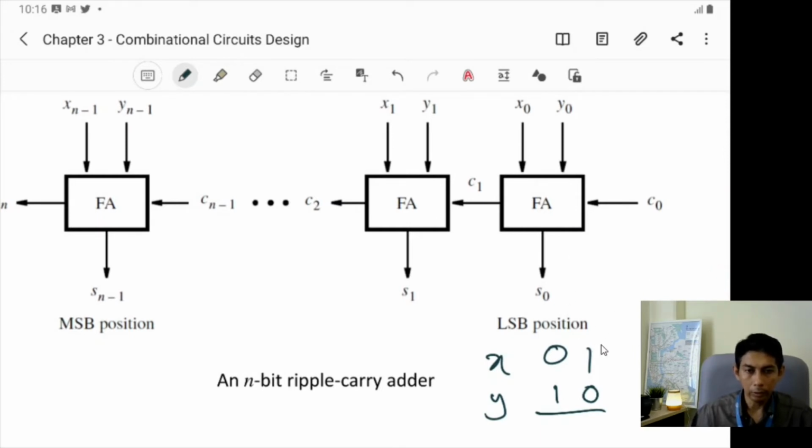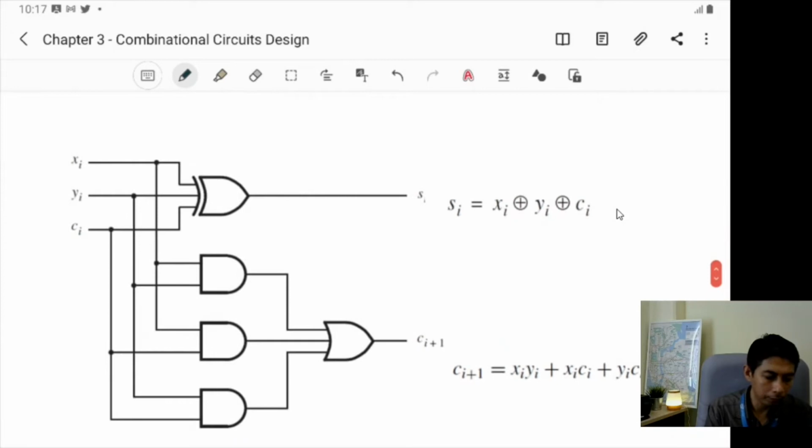So for the first full adder here, X should be equal to 1 and Y should be equal to 0, and we have C0 here, the first carry in. Why do we have this? Because our full adder circuit always has this extra input.